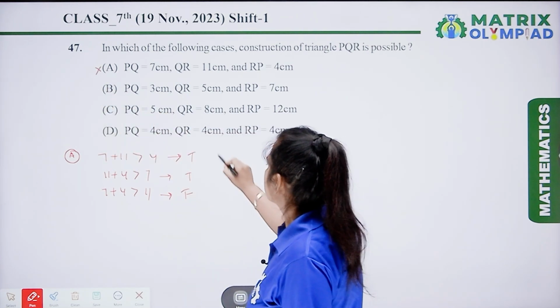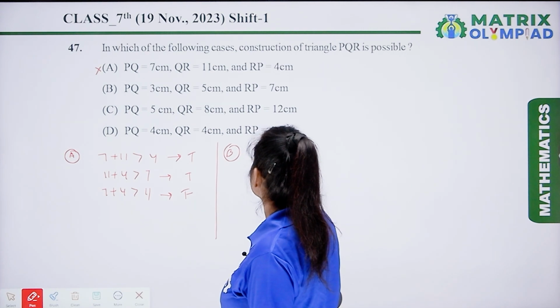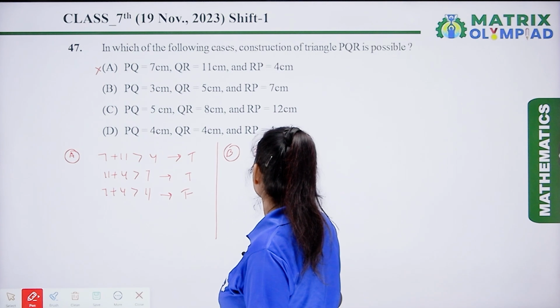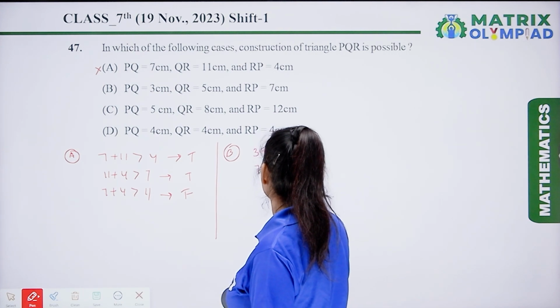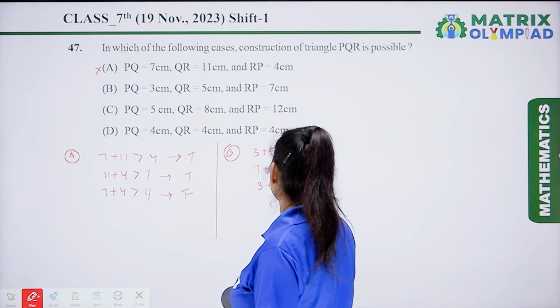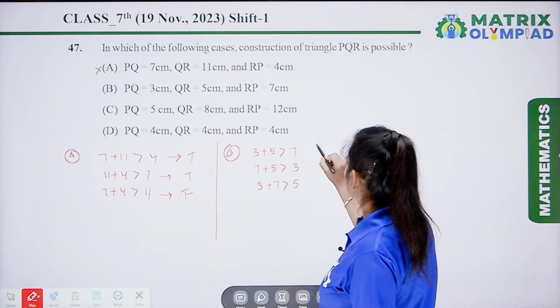Now, let's check the next one. B part. 3 plus 5 is greater than 7. 7 plus 5 is greater than 3 and the last one is 3 plus 7 is greater than 5. So, here all the three are true.